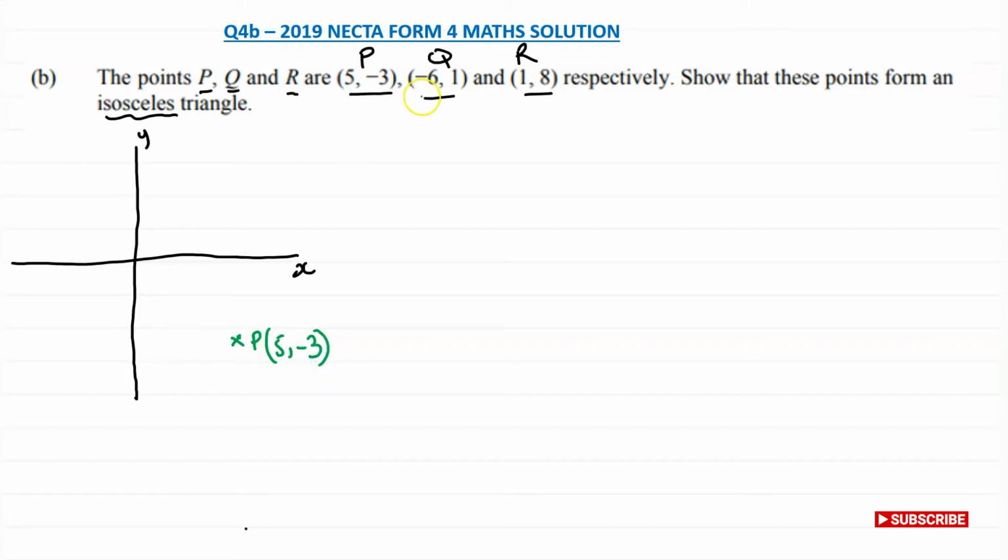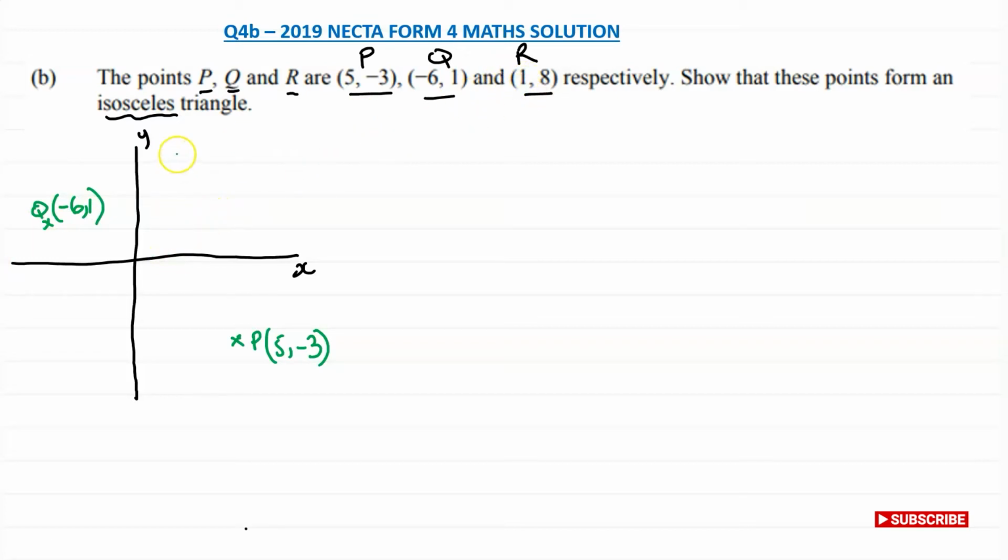Okay, and then we are told there is a point Q, which is (-6, 1). So -6 will be on this side and 1 is up. So point Q is here and it is (-6, 1). And then the last point R is (1, 8).